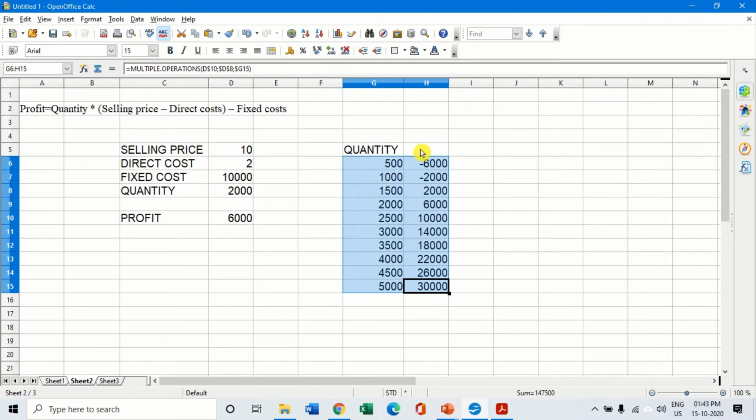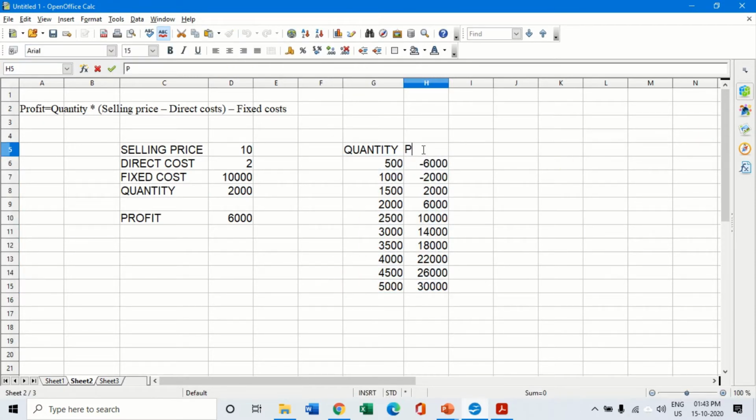So now it will tell you the profit or the loss, it could be a loss also. See here, profit or loss. So for 500 quantity, the loss is going to be minus 6000. For 1000, it is going to be minus 2000, and from 1500 onwards there is going to be a profit of 2000, 6000, 5000, like this.